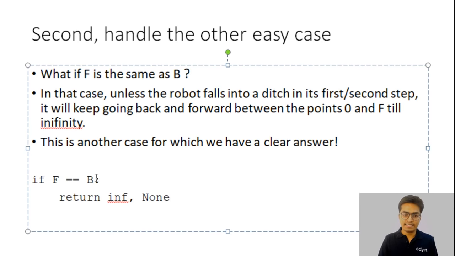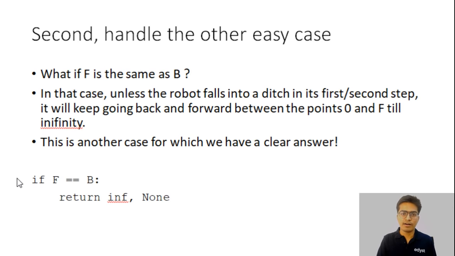This pseudocode is my way of telling from my function that the robot does not fall into a ditch. So what I'm going to check at the very end is whether the distance returned is infinity, and in that case I'm just going to print no ditch. Your code doesn't have to look exactly like this. You could just print no ditch and return or exit. That would be completely fine as well.